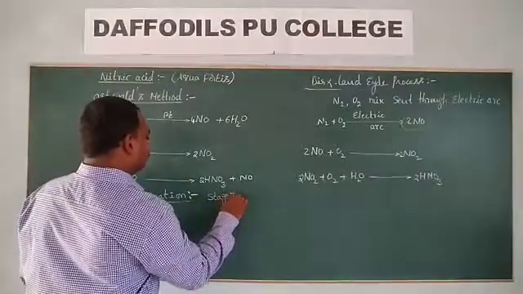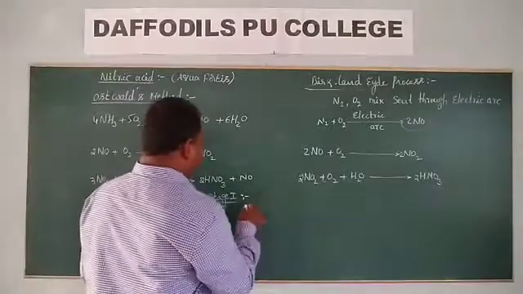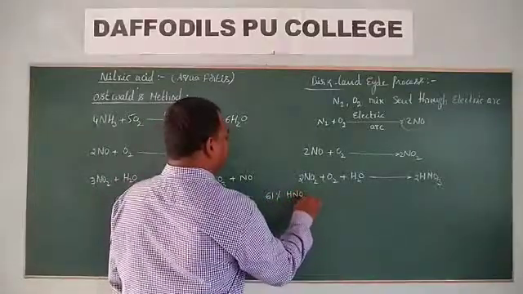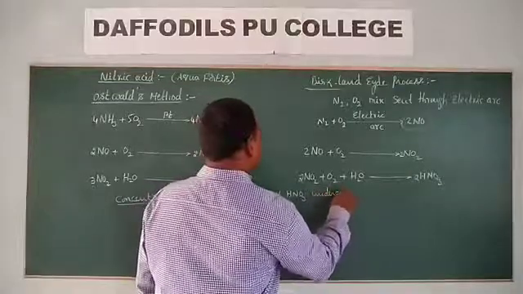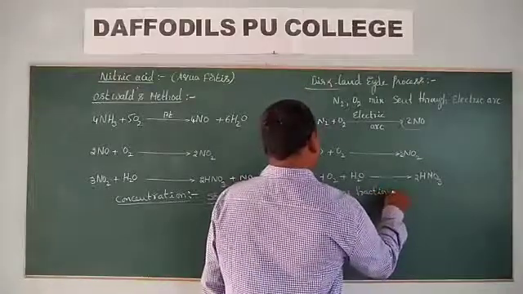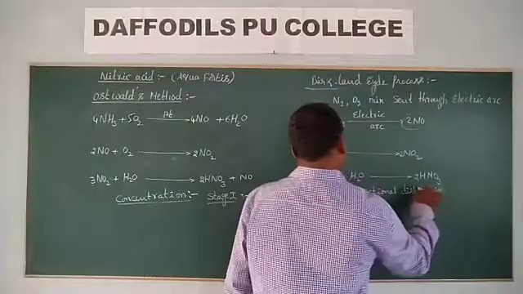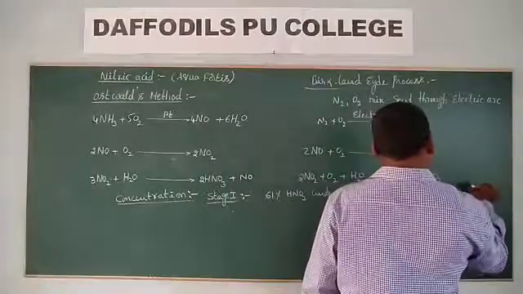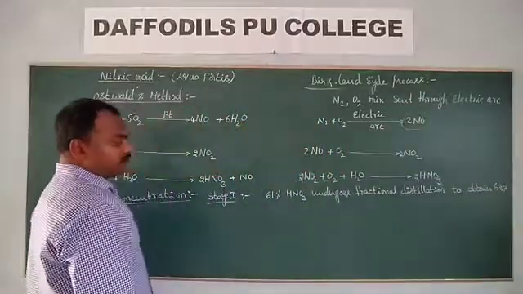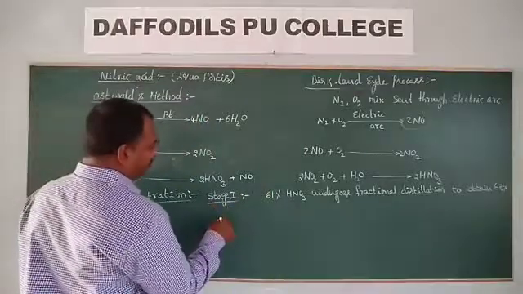In stage 1, 61% HNO3 undergoes fractional distillation to obtain 68% nitric acid.